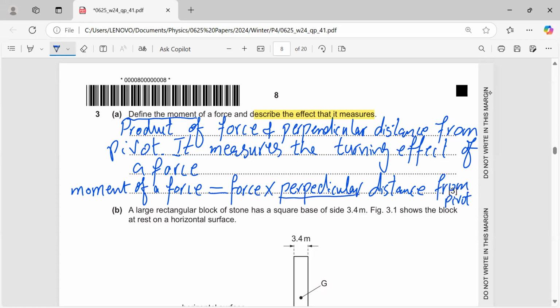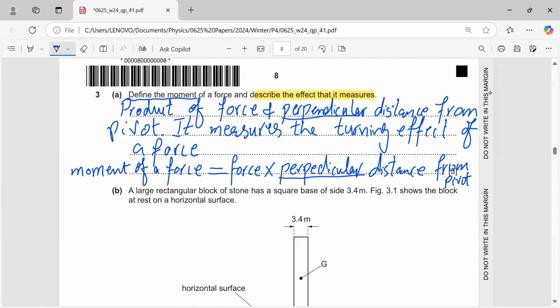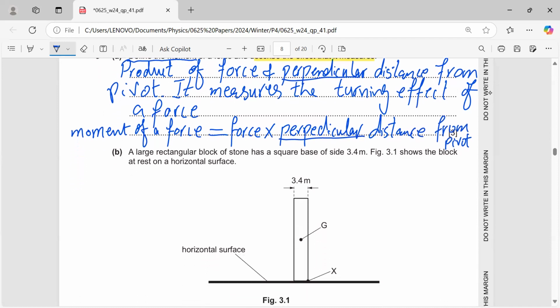But this word perpendicular is very important for Cambridge, and it is sometimes underlined in the marking scheme. If you do not write this, you will definitely lose the mark.